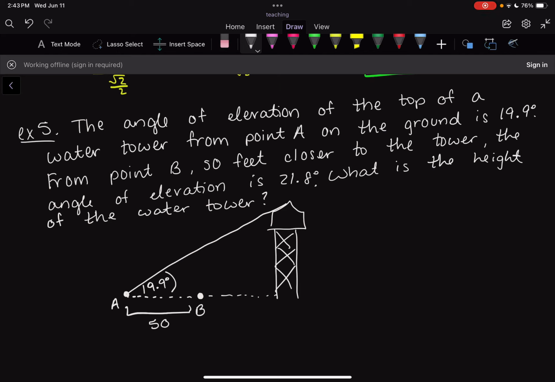We have B, and the angle of elevation from this point is 21.8. Now it should make sense that if you get closer to something, your angle is going to get bigger, right? Because if you get closer, you're going to have to look up more. So your angle of elevation is going to get bigger.